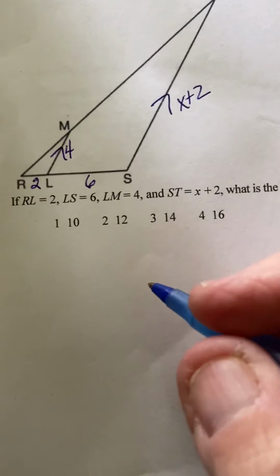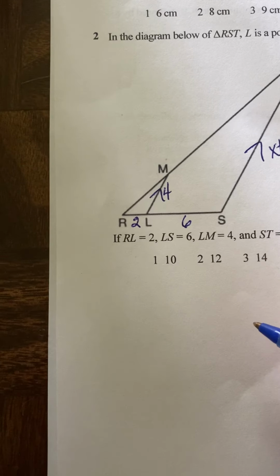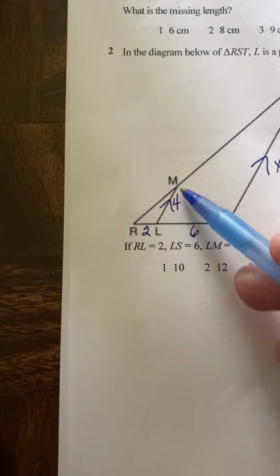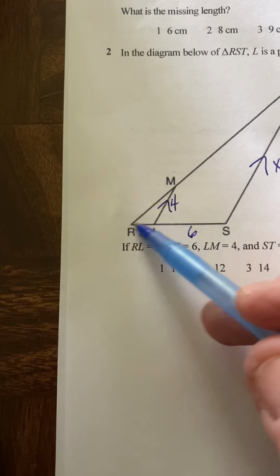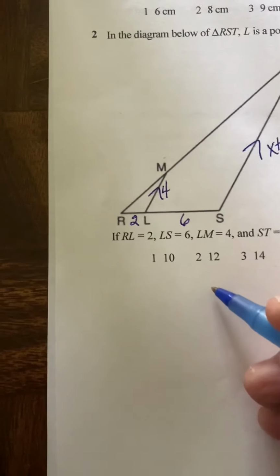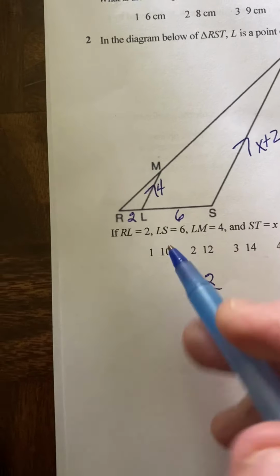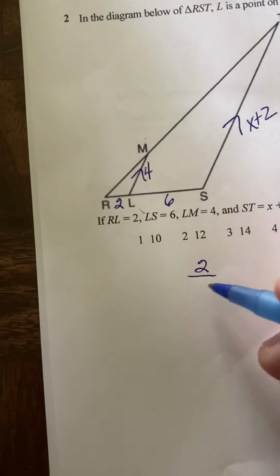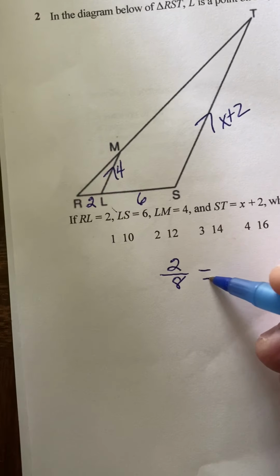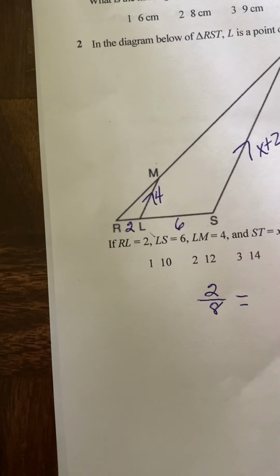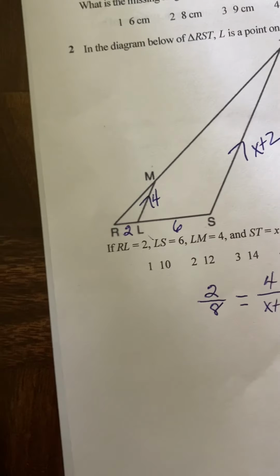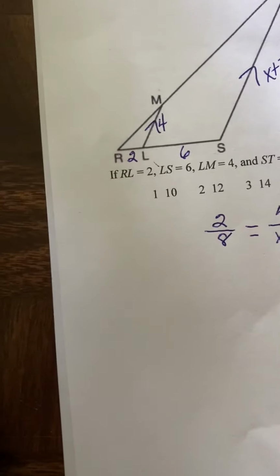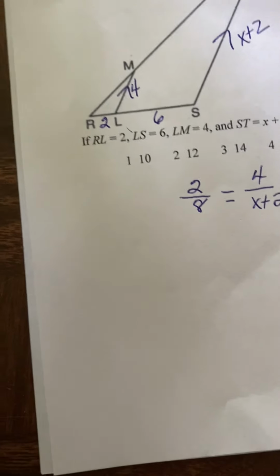So my proportion should be, if I look at little triangle to big side, I got 2 over the whole side, which would be 8, equals little base, which is 4 over X plus 2. And that should help you with that one. So just be careful, they want ST. Okay, so that's going to help you with that one.